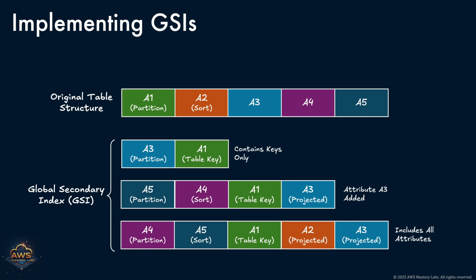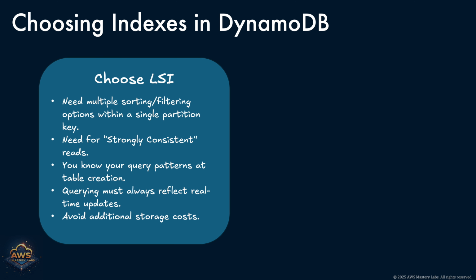Since GSIs do not have to follow the key schema of the base table and can project only the needed attributes, they offer a powerful way to support multiple query scenarios while maintaining a single source of truth.